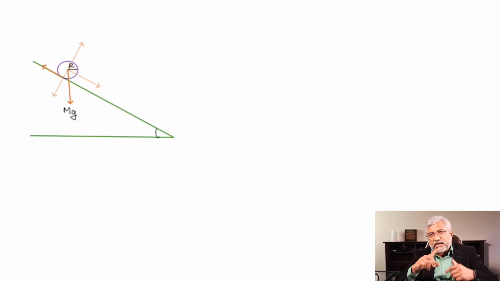Remember that this is a rolling object, which means it has rotation. If there was no friction, it would not rotate, it would just slide down. So there is friction. So this is mg sine theta. By now you know that, and that is mg cosine theta. So this is the normal reaction, and that's friction.